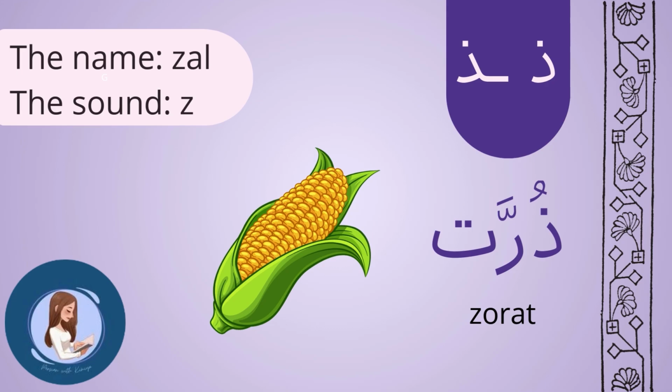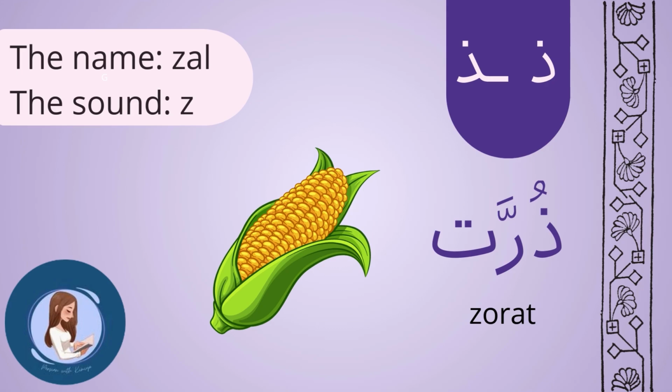But you should put stress, you should emphasize on the letter Re. Zorrat. That thing that I have put on the top of the Re sound is called tashdid in Farsi, which means that you pronounce that letter with more emphasis.